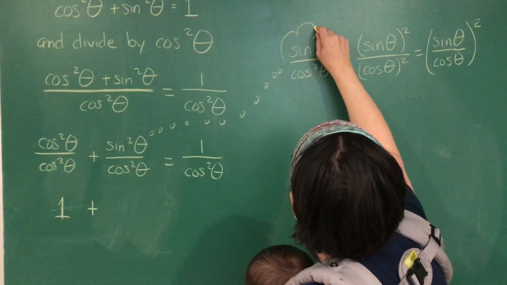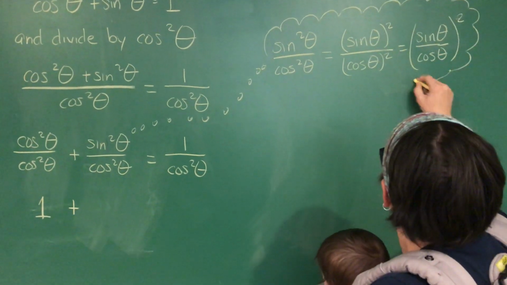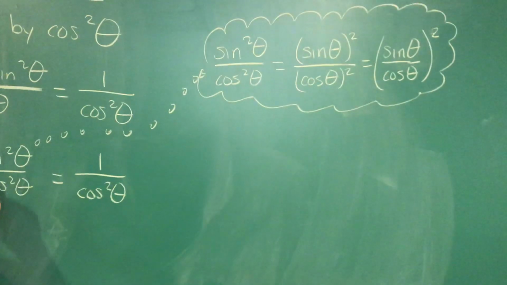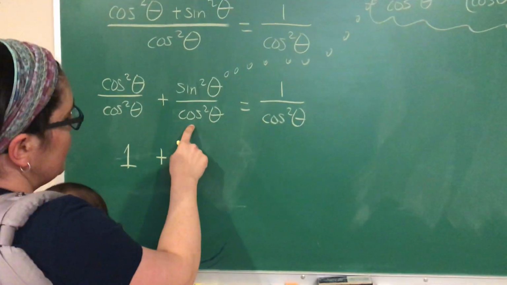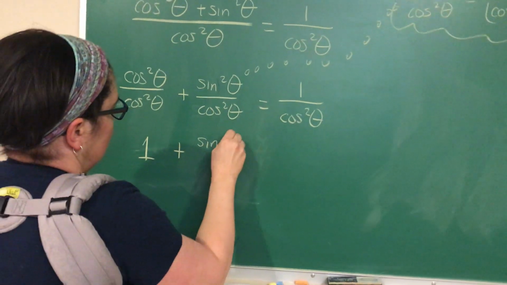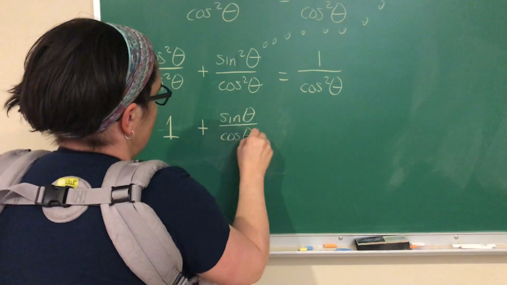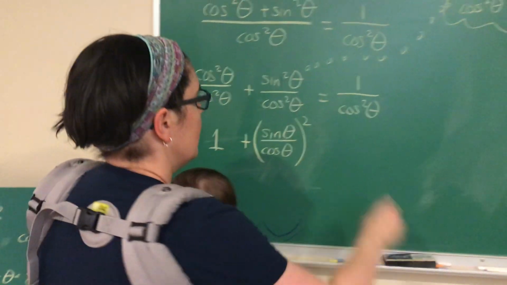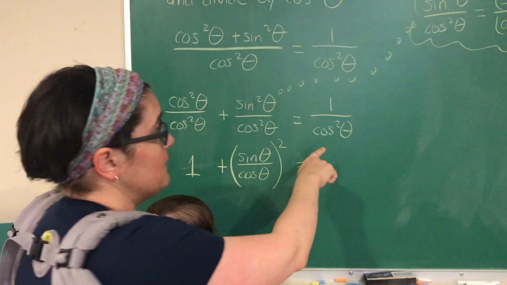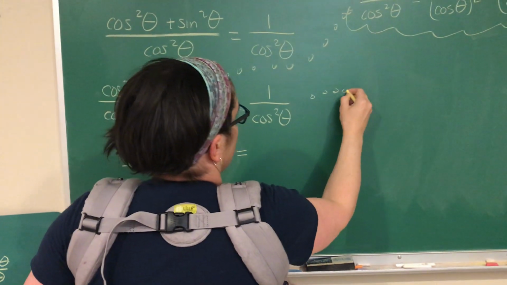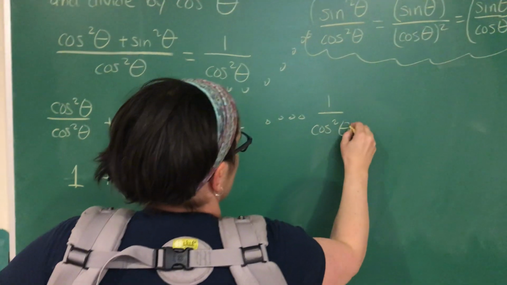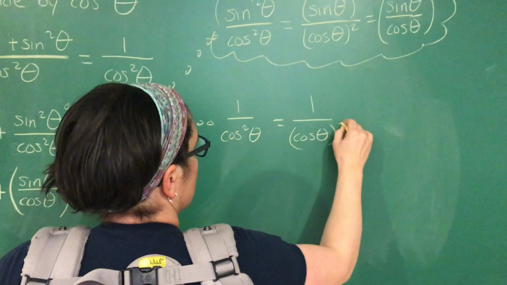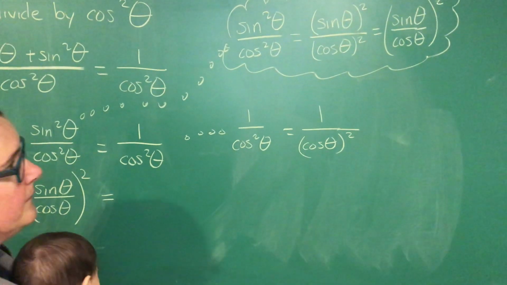Okay, so all of that in that thought bubble up here tells me that instead of writing sine squared theta over cosine squared theta, I can rewrite this as sine of theta over cosine of theta, quantity squared. And on the right side, I can do something similar. Over here, in the 1 over cosine squared theta, that's the same as 1 over cosine of theta, all of cosine of theta squared.